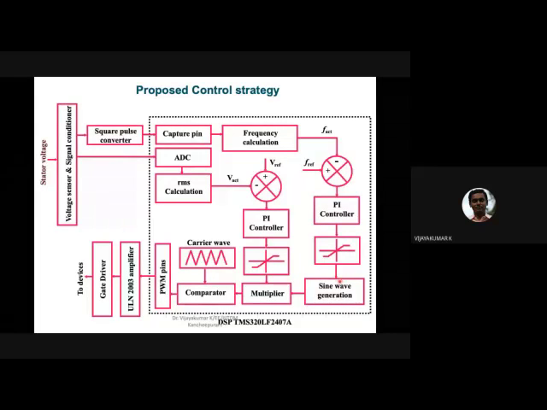But here we haven't taken it as a feedback; we generated our own sine wave by using the lookup table method. That can be multiplied with the frequency, so the frequency decides the frequency of the sine wave, and this changes the magnitude of the sine wave.